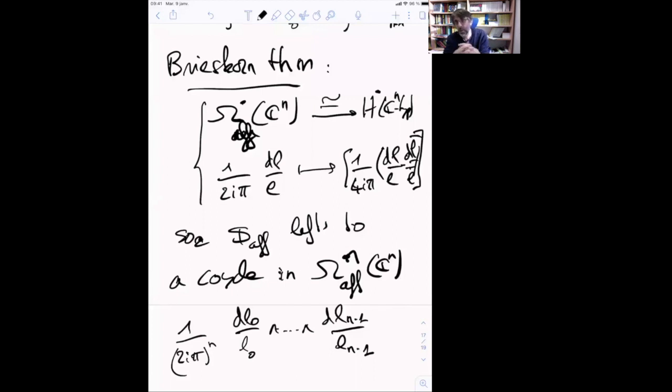That's exactly what Brieskorn's theorem does for you in the affine case. And the question is, is it still true if you replace C^n by, let's say, (C star)^n minus hyperplanes? And the answer, I don't know. I don't think it's true.